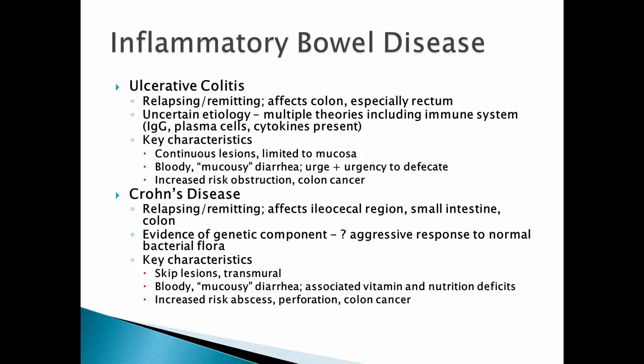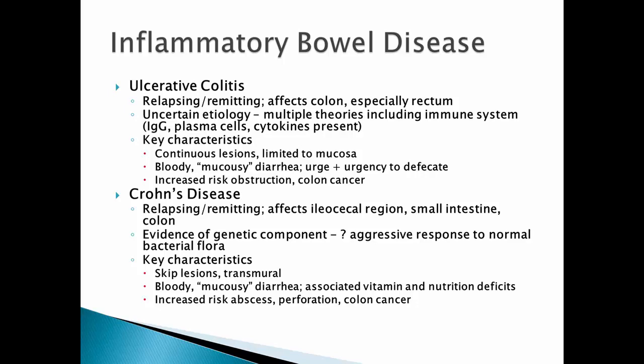Some of the key characteristics of ulcerative colitis include, when you look at that colon, especially in that rectum, continuous lesions within the lumen. And these lesions are limited to the mucosa within that area. Important characteristic.